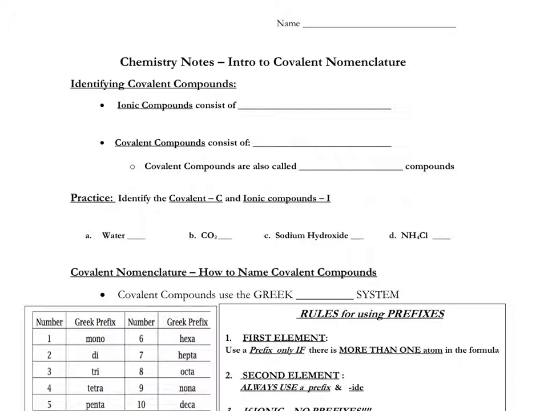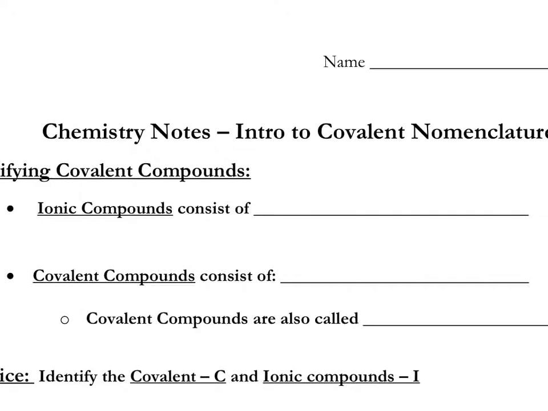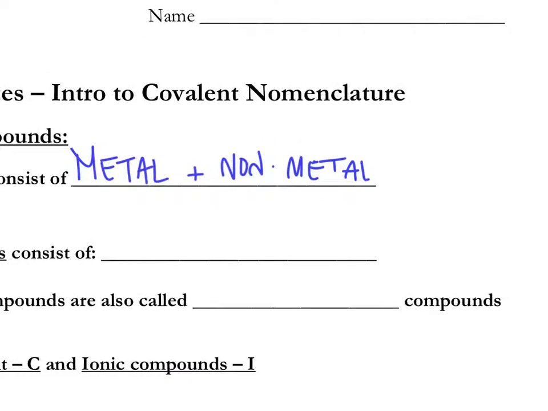So to recap, an ionic compound is a compound between a metal and a nonmetal. It can also be or include a polyatomic ion, such as a carbonate or ammonium or nitrate.